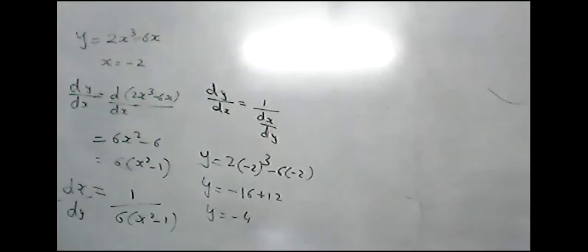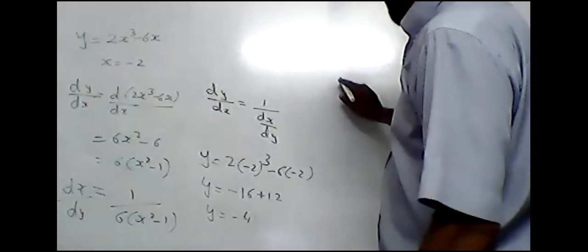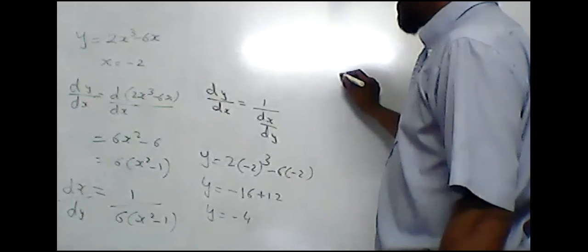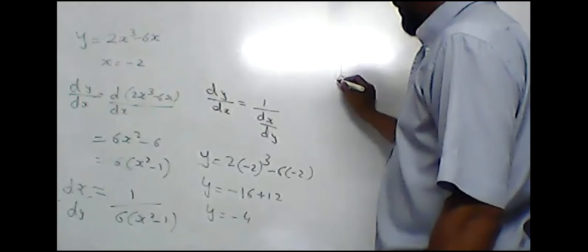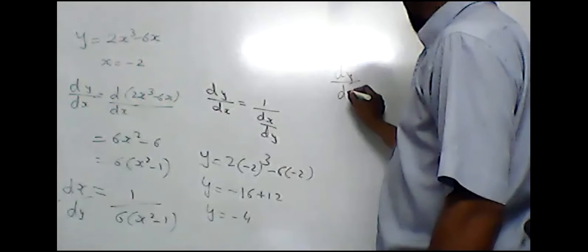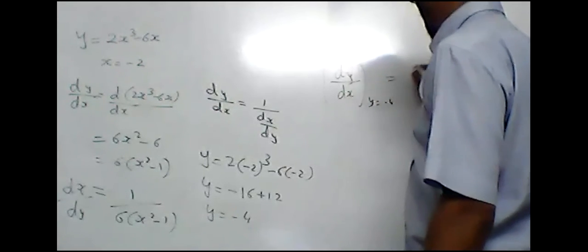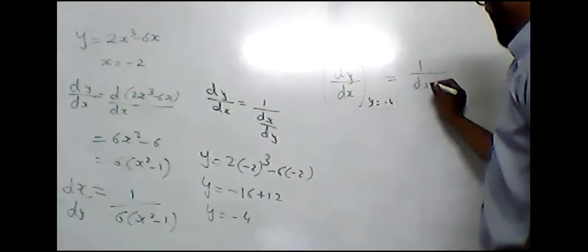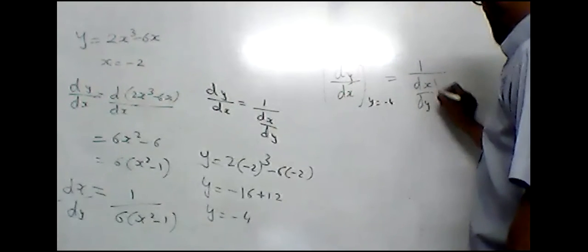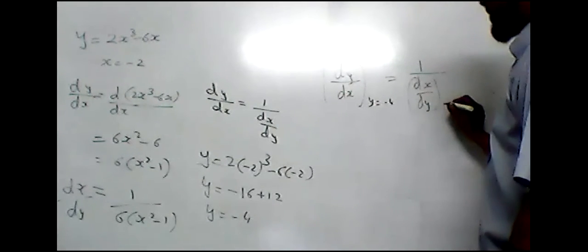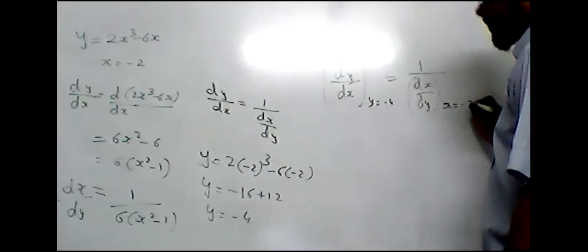So when y is minus 4, what you want to do is dx by dy when y is minus 4 will be equal to dy by dx, that is y is equal to minus 4. This will be equal to 1 upon dx by dy, right? When x is equal to minus 2.